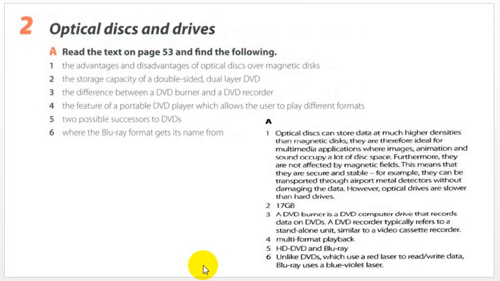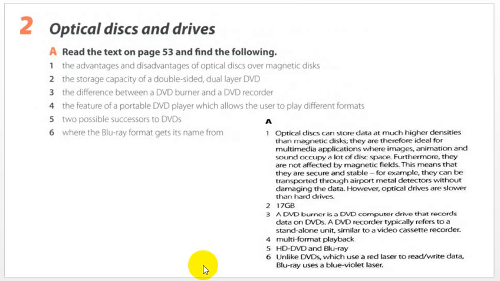The feature of number 5, 2 possible successors to DVDs are HD DVD and Blu-ray, where the Blu-ray format gets its name from. Unlike DVDs, which use a red laser to read-write data, Blu-ray uses a blue-violet laser.